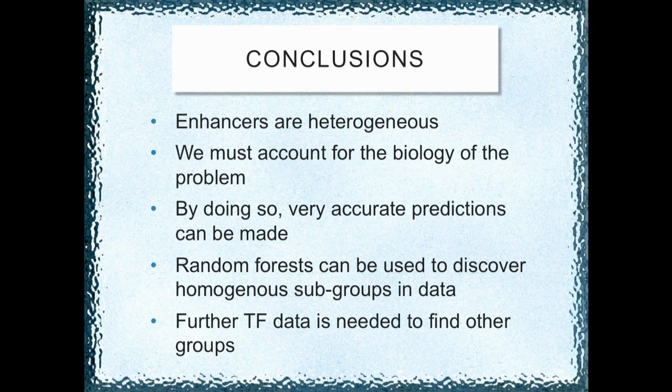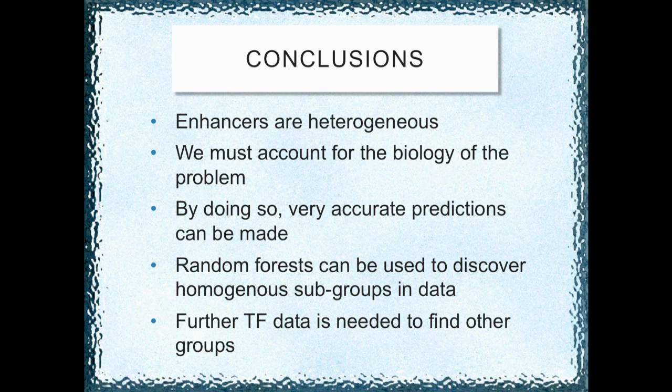So, to summarize, enhancers are heterogeneous. They are driven by different biological systems, and it makes sense that they will respond to different biological cues. Looking for all enhancers may be difficult if they don't all respond to the same things, and there may be different rules.